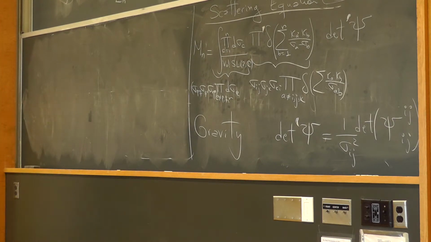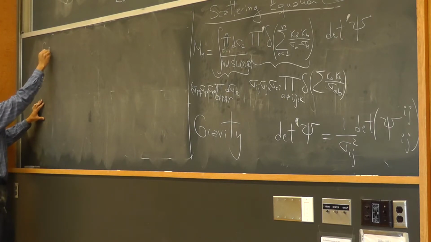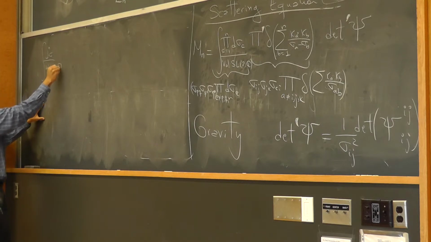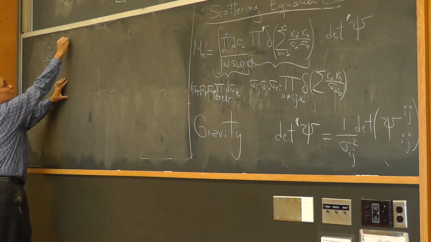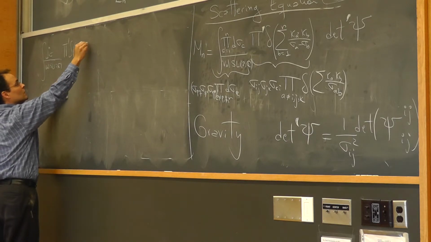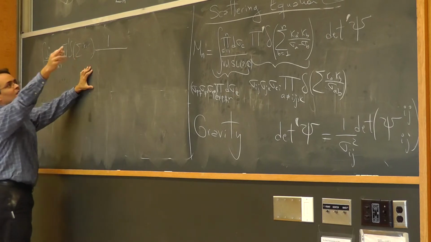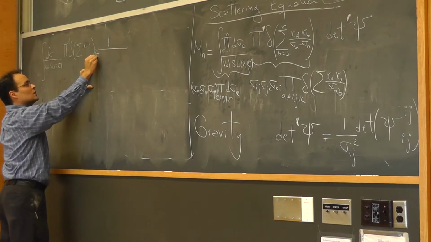So by expanding out those, you get terms that look like this. Integral ds over sigma volume SL2C, the product over these scattering equations, times 1 over that factor over there with some permutation.